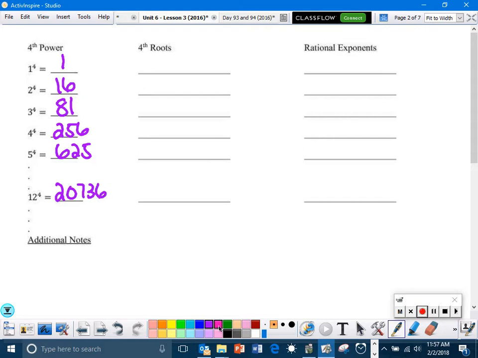Now, the 4th root would look like this, and I'm only going to show you the rational exponents with the calculator, but if we wrote this out, it would look like this. It would be the 4th root of 1, which is 1. The 4th root of 16, which is 2. The 4th root of 81, and so on. The 4th root of 256.